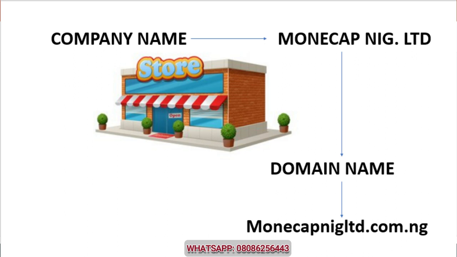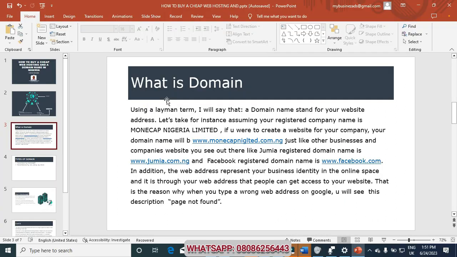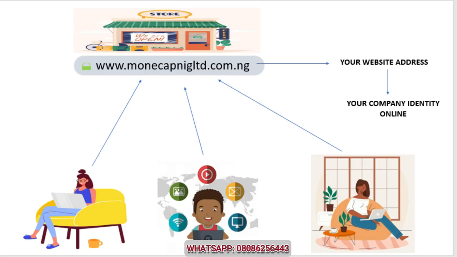Just like other businesses and companies' websites you see out there, like that of Jumia, their registered domain is www.jumia.com.ng, and for Facebook, the registered domain is www.facebook.com. So in addition, the web address represents your business identity in the online space, and it is through your web address that people can get access to your website.